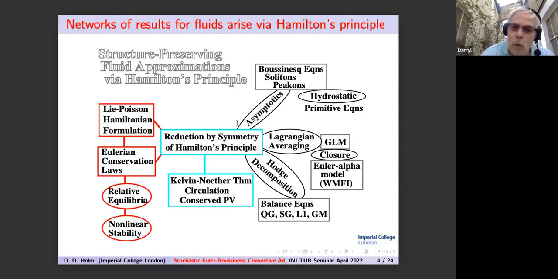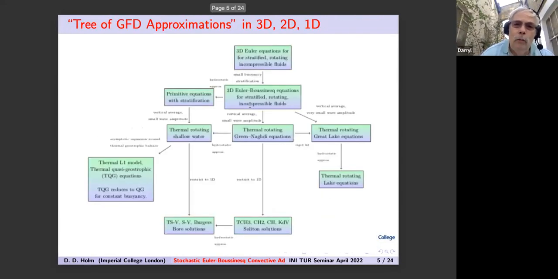When you take one of these directions away from the fundamental equations, you can get a whole network or a tree. For example, here's a tree of GFD approximations in 3D, 2D, 1D, starting with the 3D Euler equations for stratified, rotating, incompressible flows. If you assume small buoyancy stratification, you go to the 3D Euler-Boussinesq equations for stratified, rotating, and compressible flows.